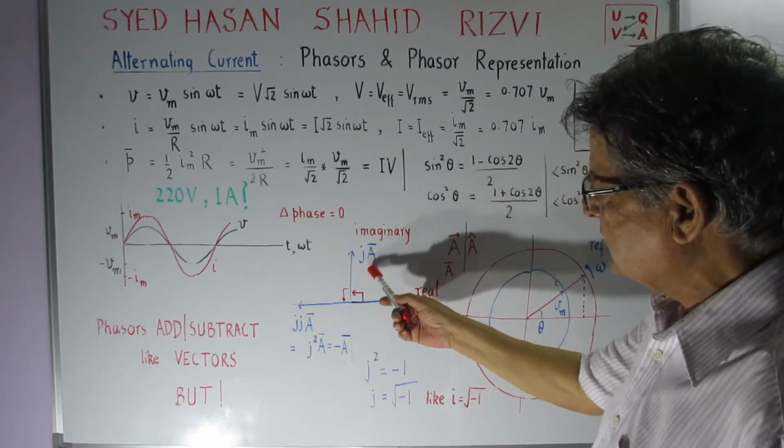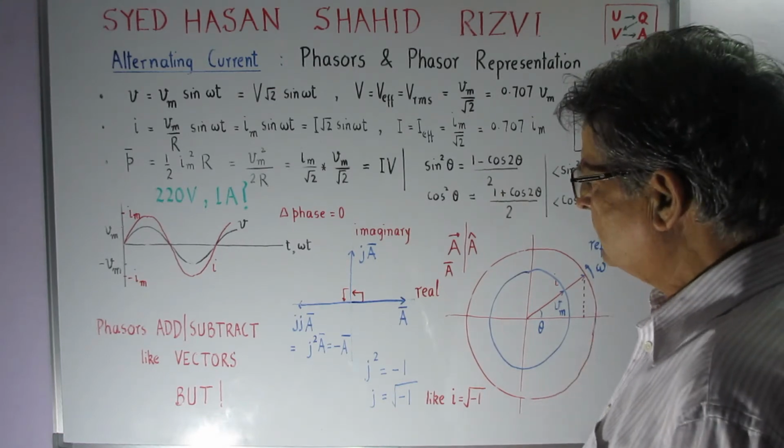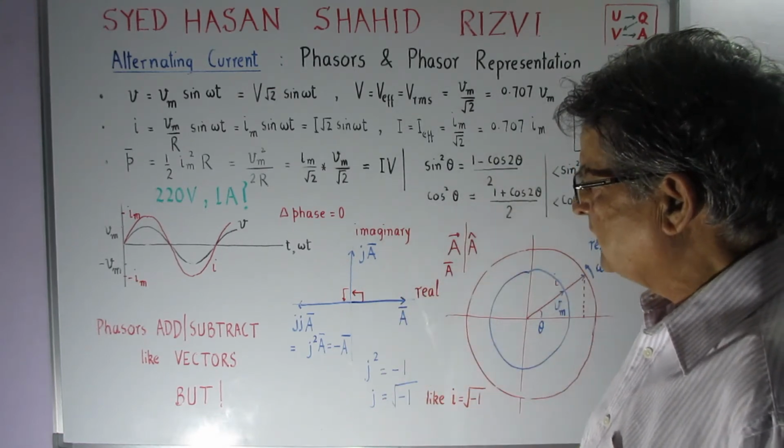So what is my j? j is an operator which rotates the phasor by 90 degrees.